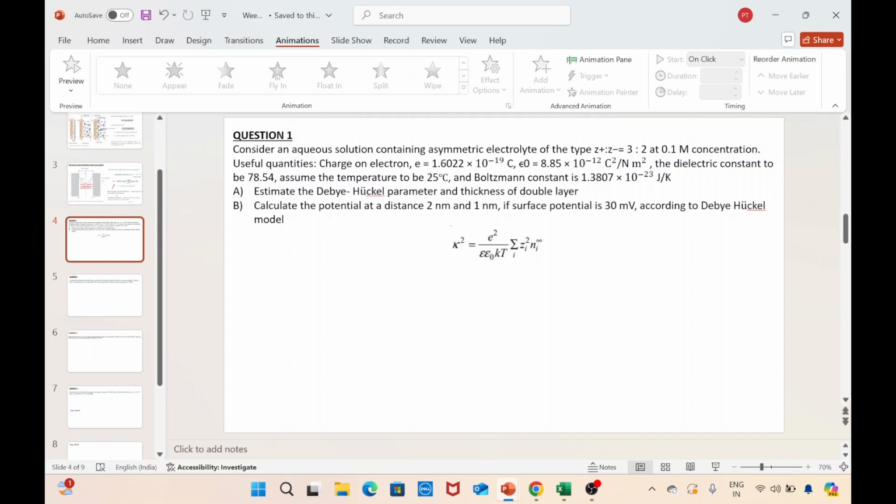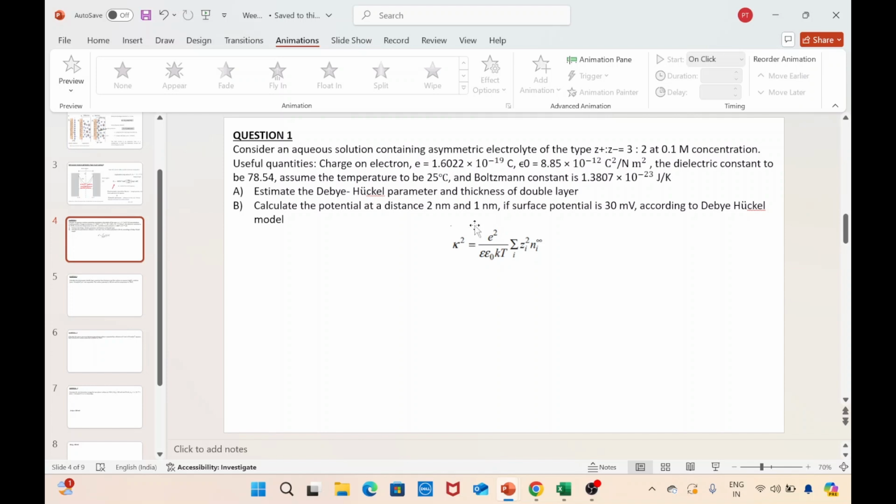The useful quantities are given to you, and they have asked us to estimate the Debye-Huckel parameter, that is your kappa, and the thickness of the double layer, that is your kappa inverse. After this, they have asked us to calculate the potential at a distance of 2 and 1 nanometer, taking the surface potential as 30 millivolt, based on the Debye-Huckel model.